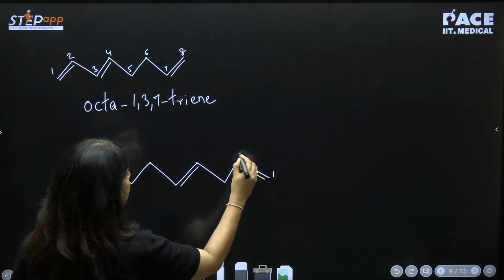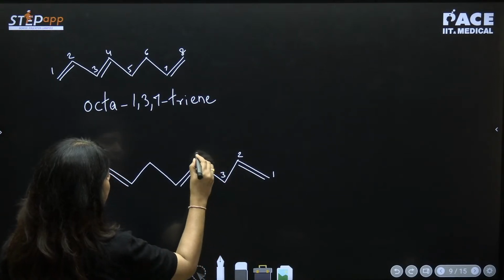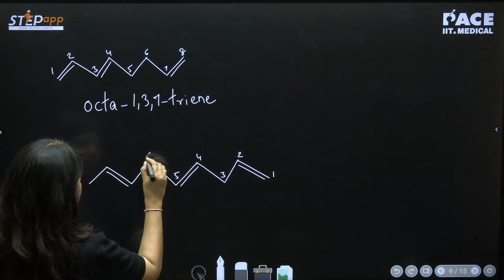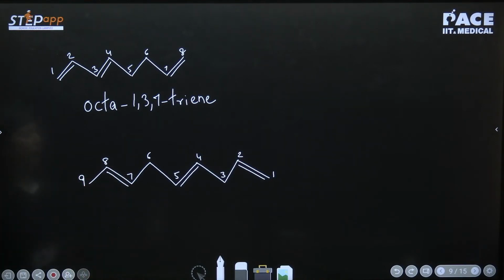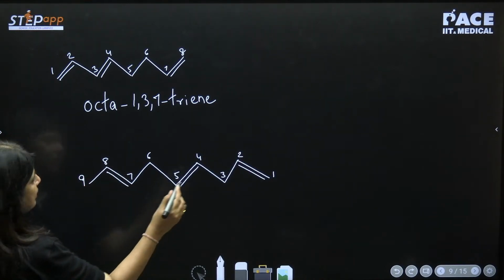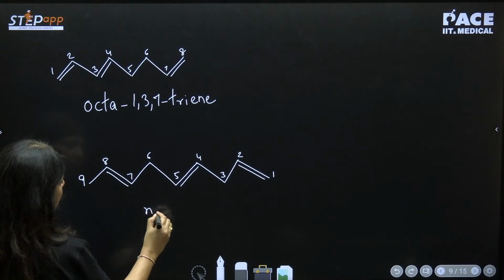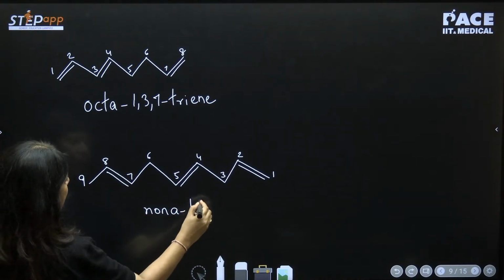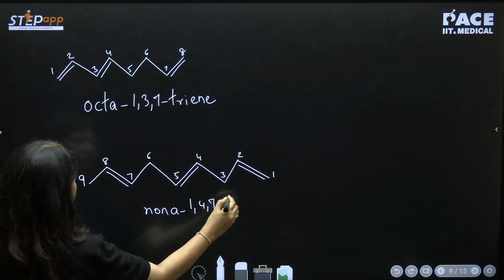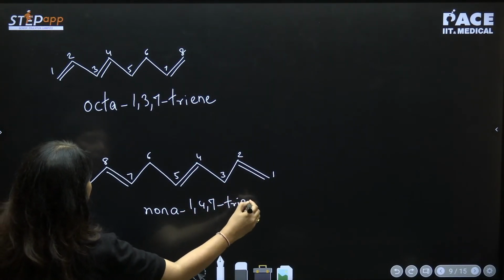Numbering has to be from this end. So this is 9 carbons, nona-1,4,7-triene.